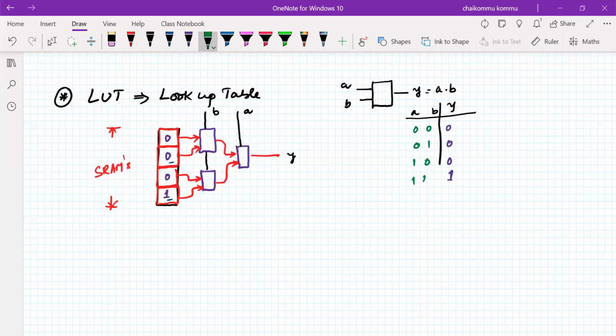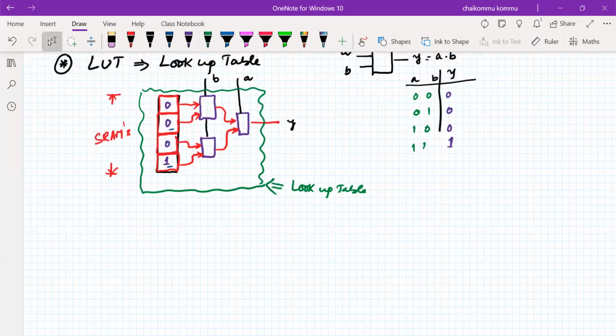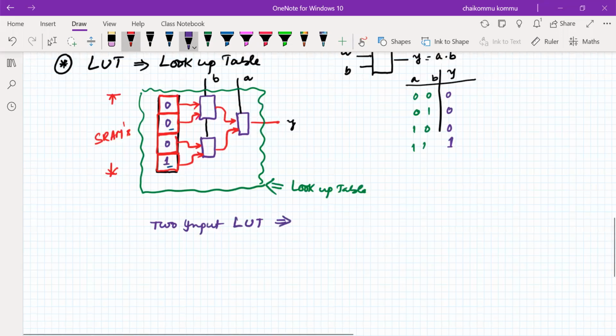All together, I'm going to call it a lookup table. According to the given information, this is called a two-input lookup table, or LUT, or people will simply call it LUT2.